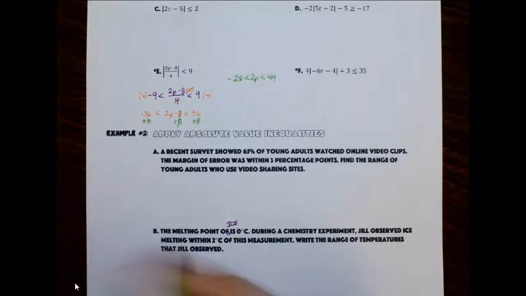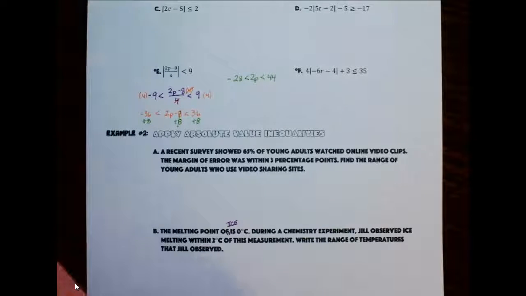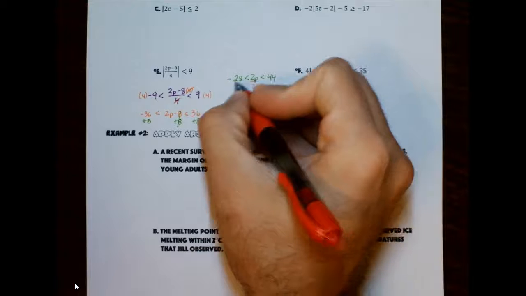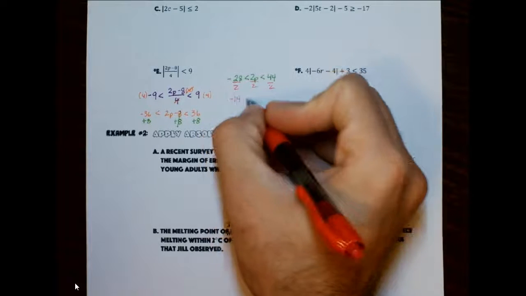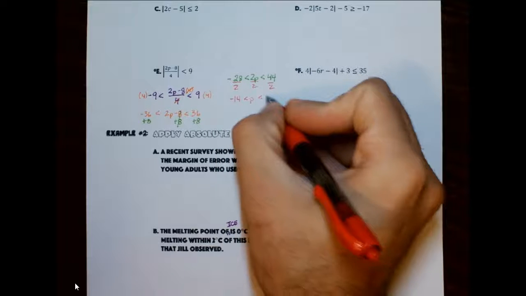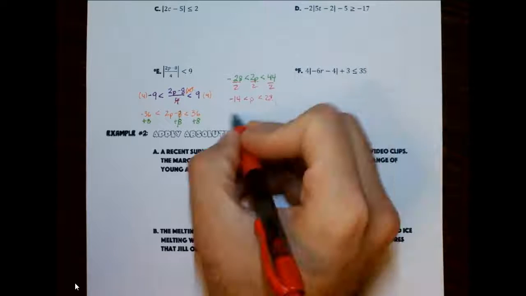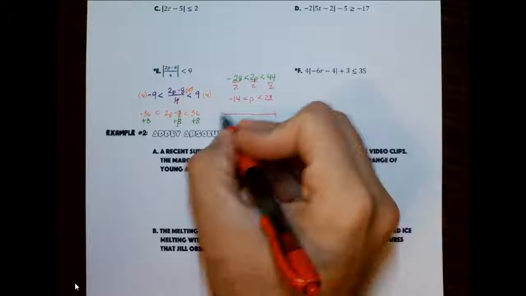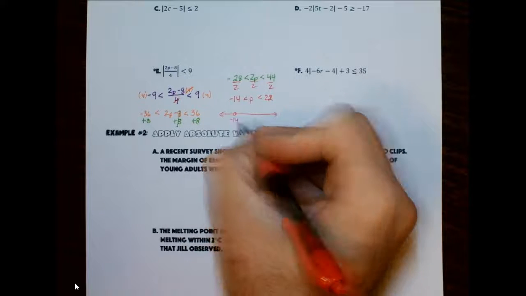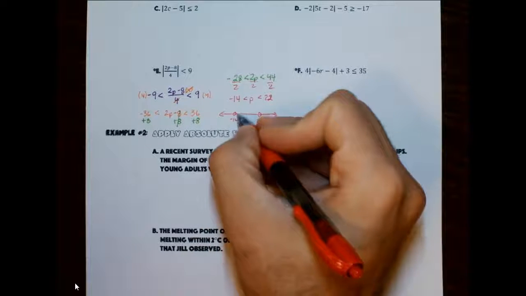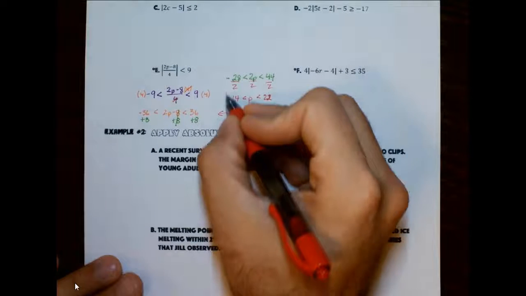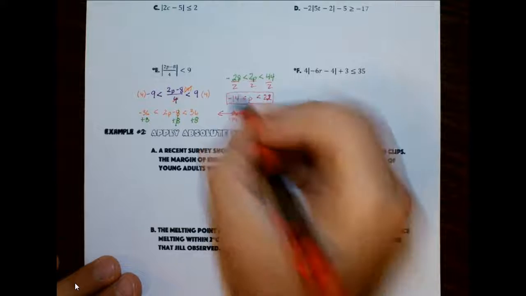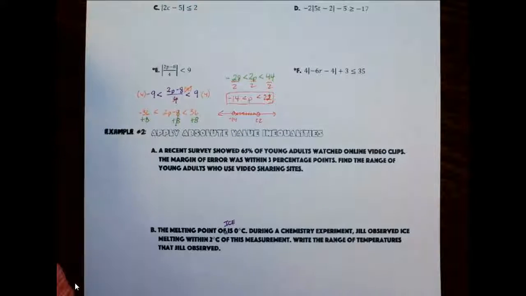And now I want to divide everything by 2 to get p by itself. When you do that, you get negative 14 is less than p, which is less than 22. When you go to graph, it would be an open circle on negative 14, open circle on 22, shade in the middle. So again, this is your solution with the correct graph.